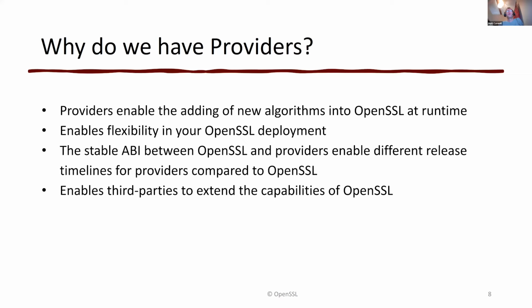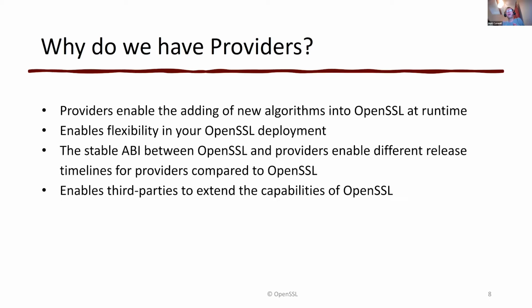So why do we have providers at all? They provide the capability to add new algorithms at runtime. This is quite important, and really useful if you've got a third-party provider. You can plug in brand new algorithms that standard OpenSSL doesn't even have. It gives you some flexibility in your OpenSSL deployment. You can decide exactly which implementations you want to be using, and those implementations may have different characteristics.